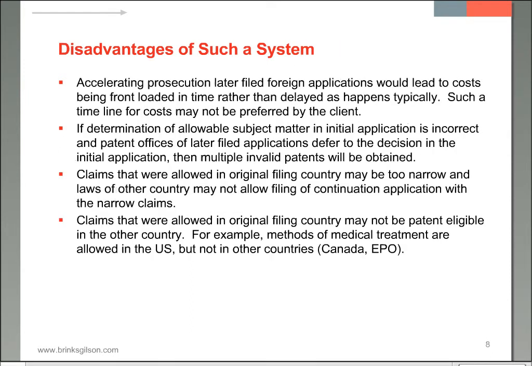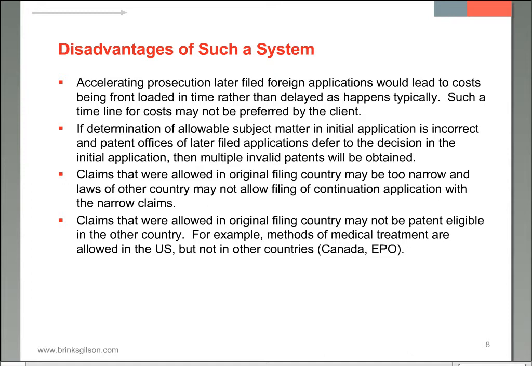There are disadvantages to the original version of the PPH. For example, accelerating examination can mean costs being front-loaded in a manner not desired by the client. PPH depends on allowed claims being found and prosecuting such claims in later filed applications. What if the allowed claims in the initial filed application are too narrow?